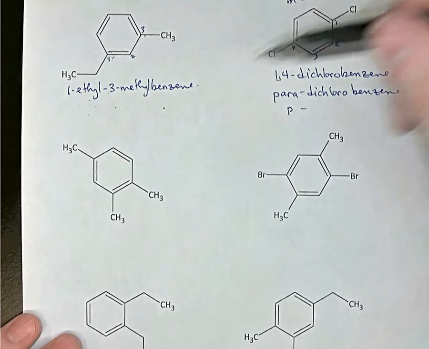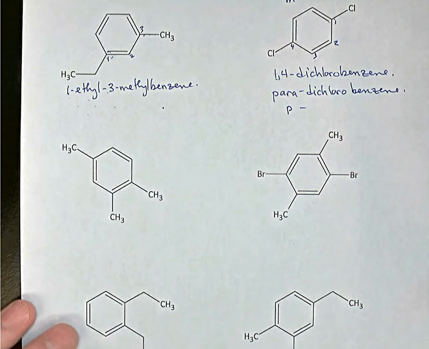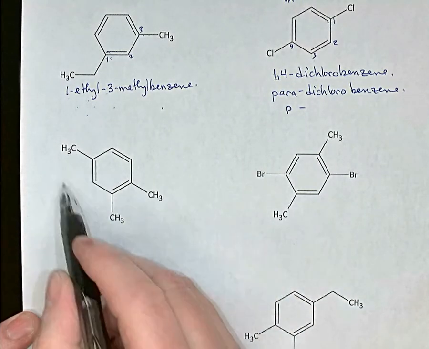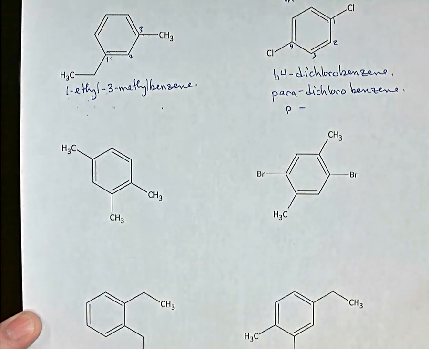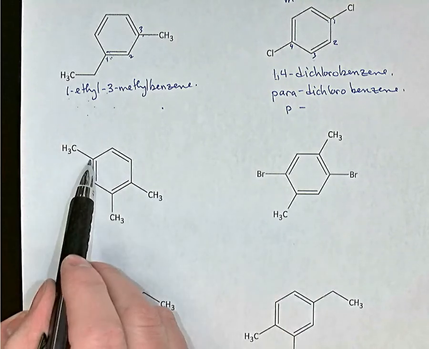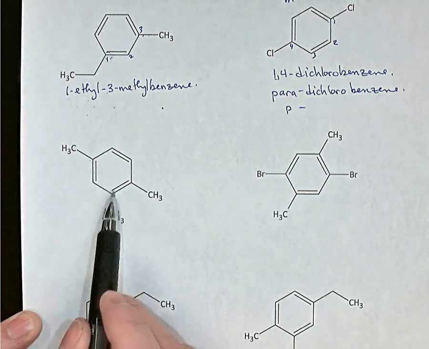So in this next example, there's 3 branches, so there's no way to use ortho, meta, or para in this example. So in this case, we have 3 methyl branches on a benzene ring. It's going to be trimethylbenzene. But we have to number to tell you where to put them. So how do I number them? Well, I want to keep the numbers as low as possible. If I were to call this carbon 1, then this would become carbon 3 and carbon 4, 1, 3, 4.